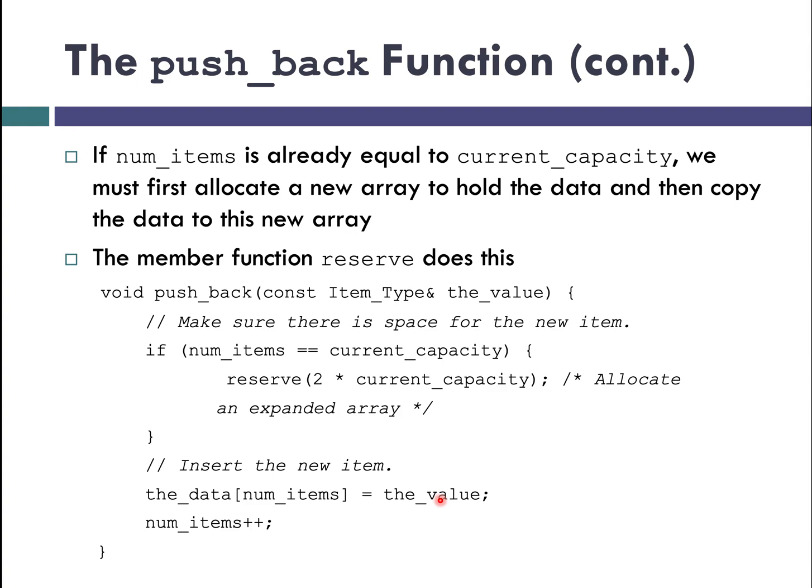Again, if we have gotten to the end, we've already hit our current capacity, then we're going to allocate new space and copy everything over to that new space, and then go ahead and put our new value into the space that we've expanded.